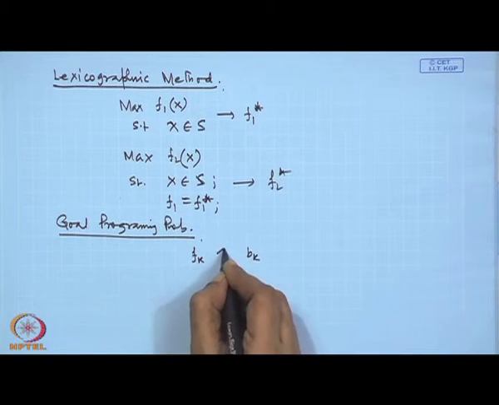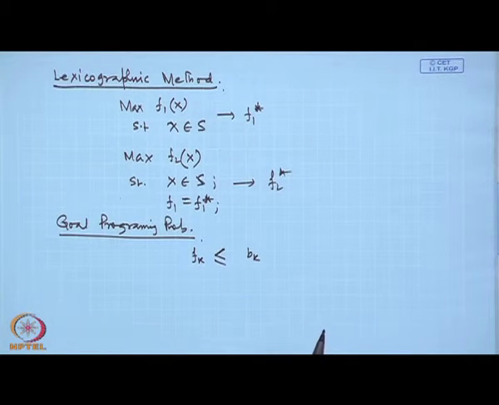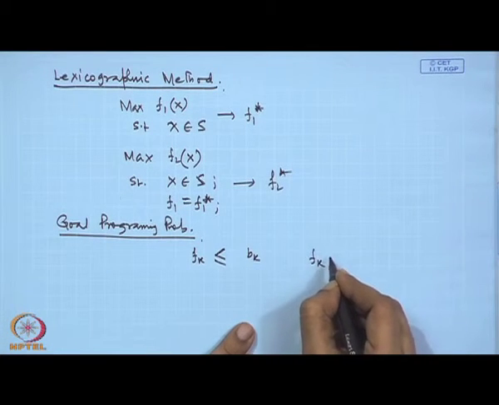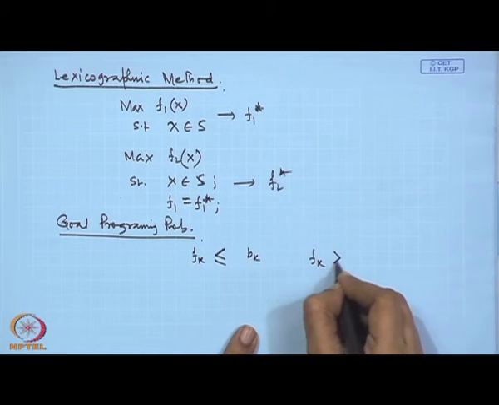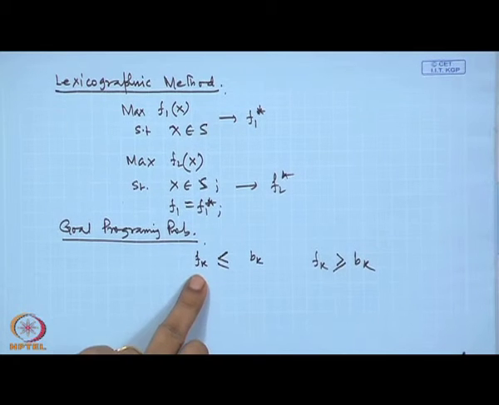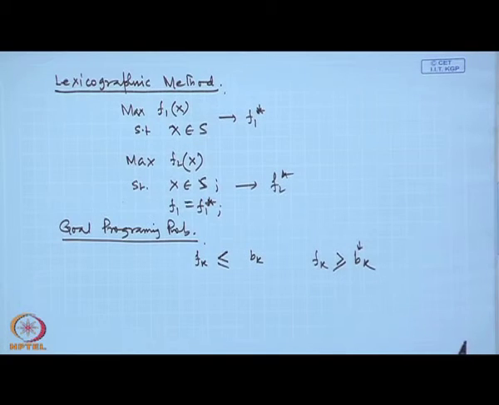For a maximization problem, we want fk to be at least bk, and for a minimization problem we want fk to be less than or equal to bk. As I gave an example for the profit figure, I want the profit to be at least some amount. I am fixing a target, some aspiration, and within that restriction I want to solve the decision making problem. In that way we can fix the goal.